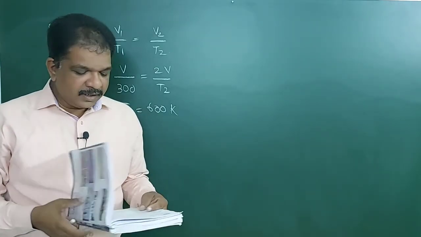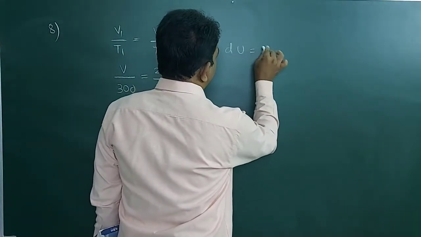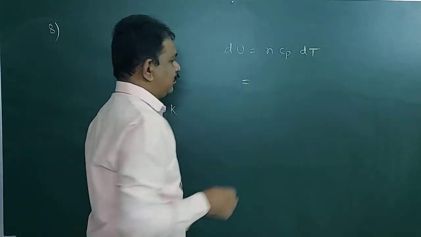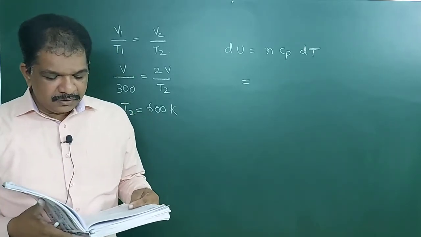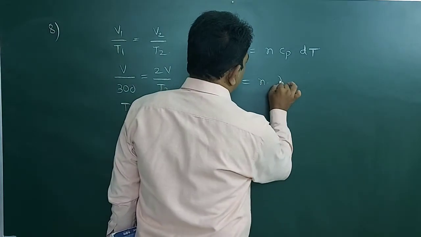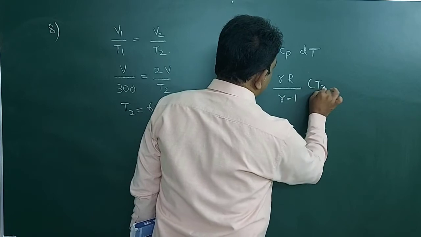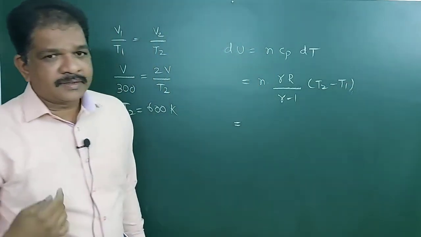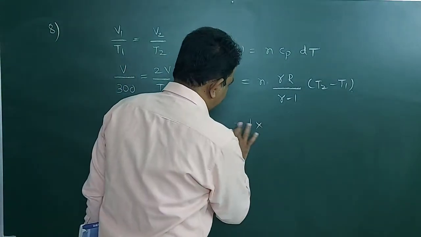Then how much energy is required? dU is equal to n Cp dT. Okay. So n into Cp value gamma R by gamma minus 1 into T2 minus T1. Number of moles will be 1.